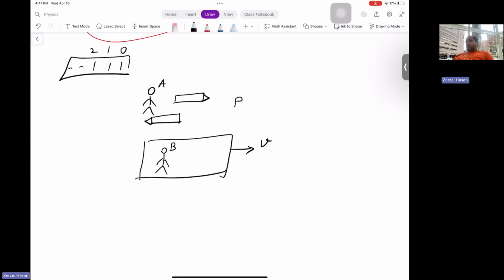This time, in your coordinate system, the coordinate system of A, like plus, minus, using the parity operator, you turn it into minus, plus.